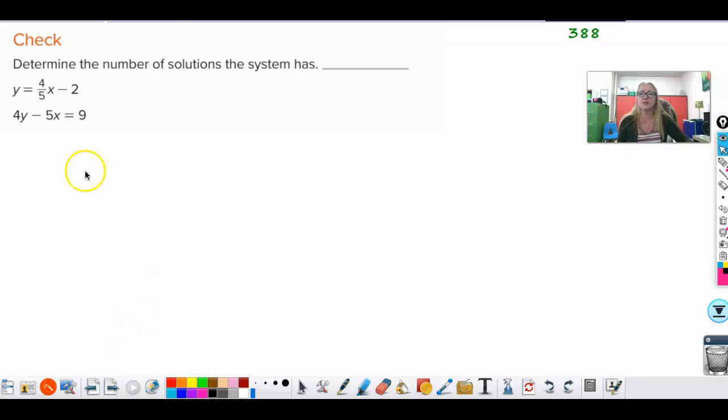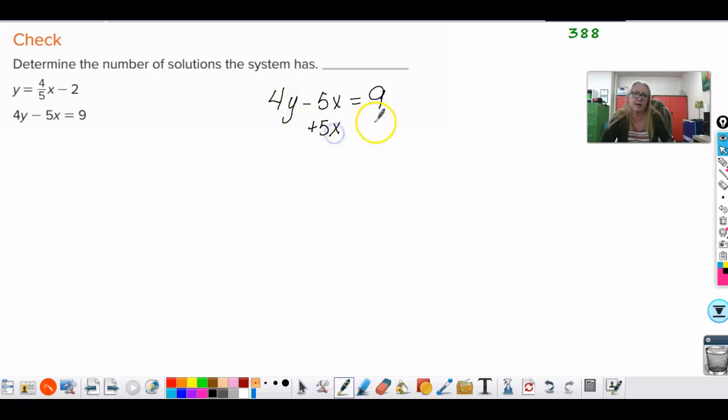Determine the number of solutions. Well, they did us a solid on this first one because they wrote it in slope-intercept form, but unfortunately, this one is in standard form. So we're going to need to change that to slope-intercept form so we can make a decent comparison. We have 4y minus 5x equals 9. We want to get y by itself on the left, so let's go after this 5x and get rid of that. Add 5x to both sides.